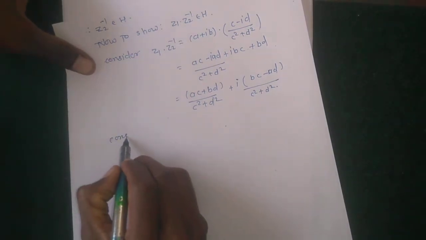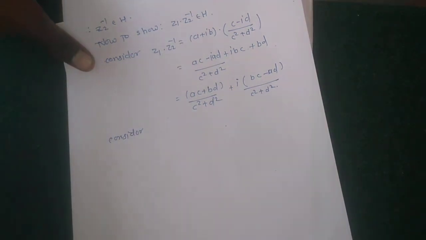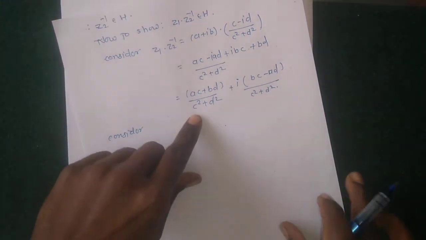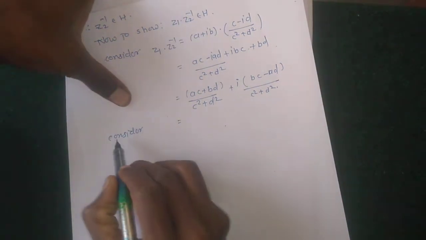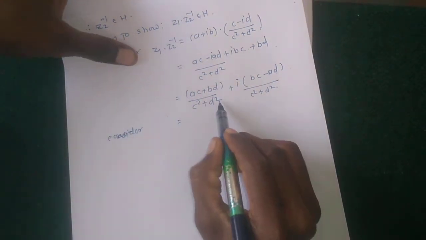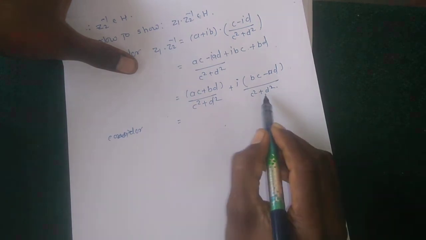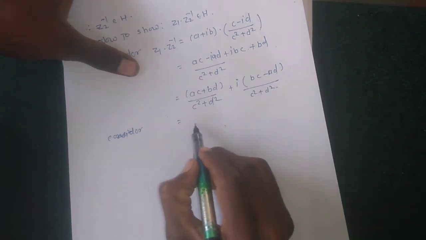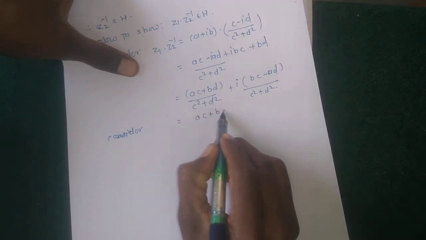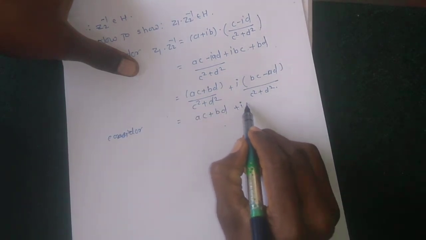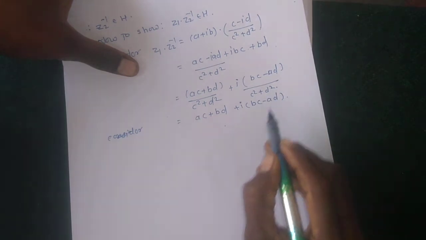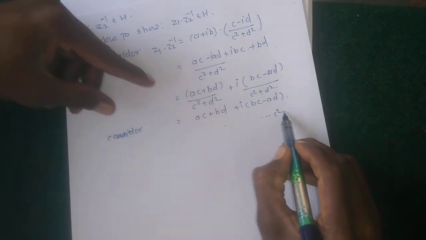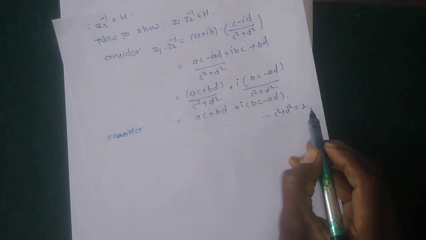Consider also, here also, C square plus D square, the value of C square plus D square is 1. Okay, therefore putting this value here, AC plus BD plus i into BC minus AD, since C square plus D square equal to 1.